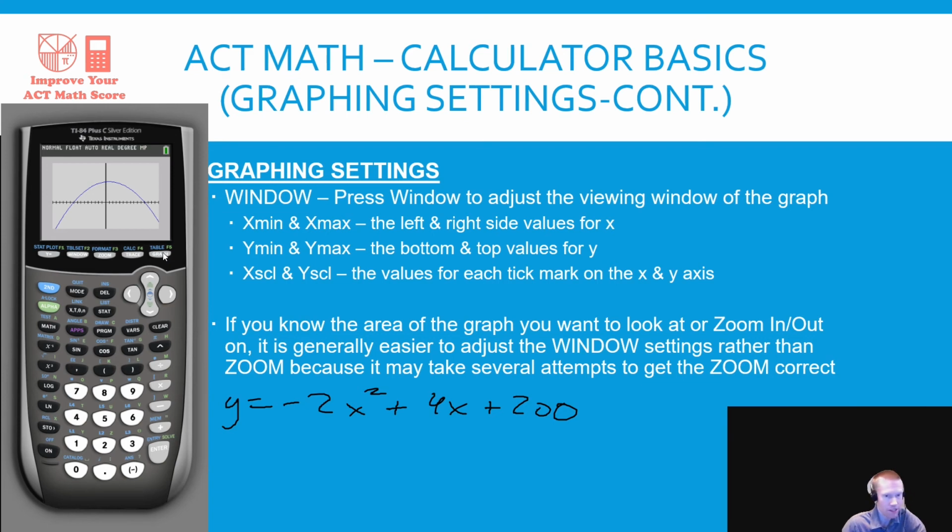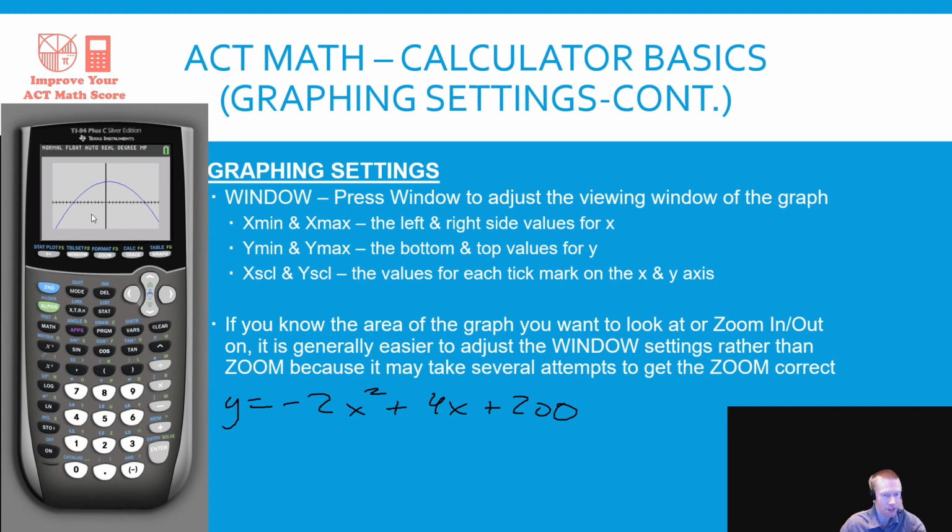And now you can see I have a much better, clearer picture of what the graph looks like. So now, if I wanted to find the maximum point, which is kind of right up around here, or if I was asked to find either of the x-intercepts, now I can clearly see one is kind of right around here, the other's right around here.